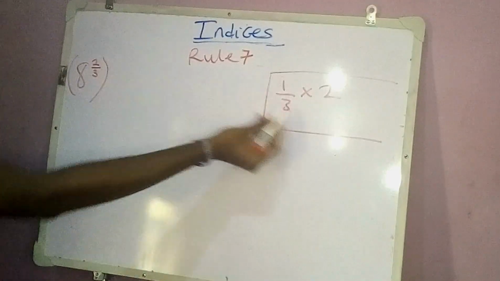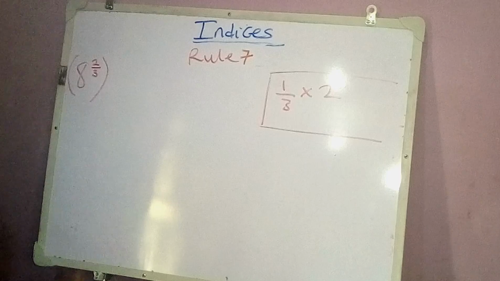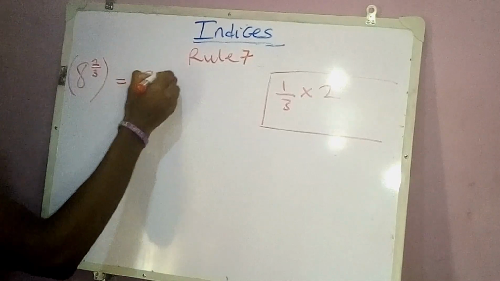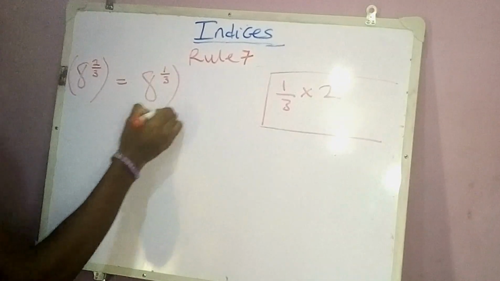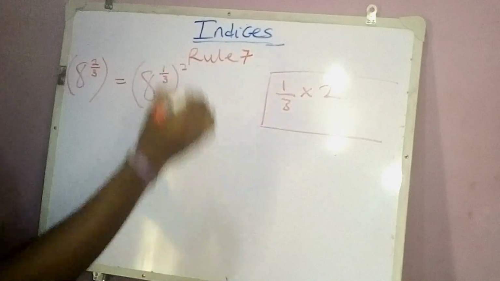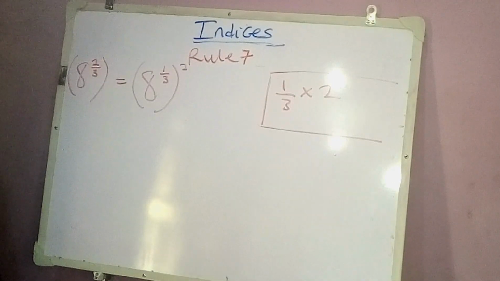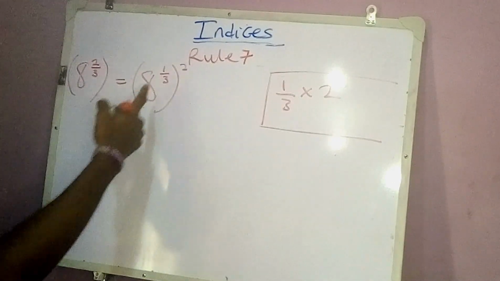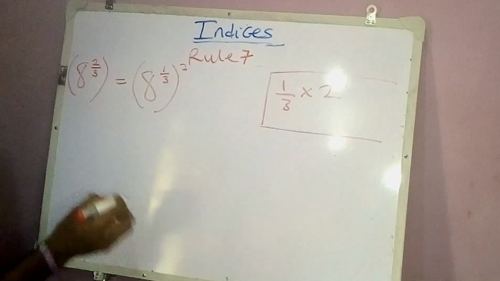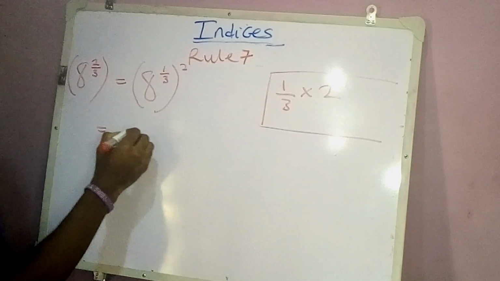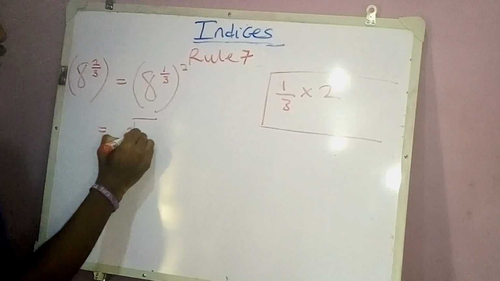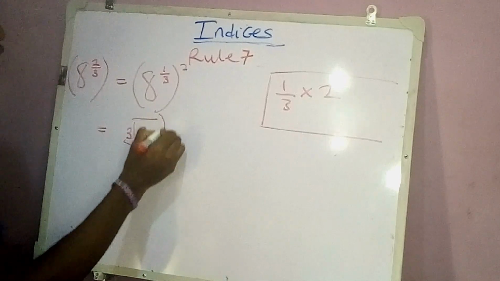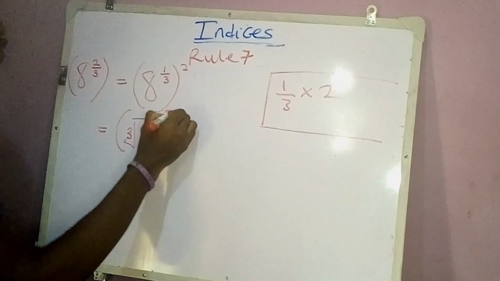It is the same thing as this, isn't it? So I can now write this as 8 raised to 1 all over 3, all squared. Now, don't forget, this is your rule number 6. So I can write this as the cube root of 8, all squared.